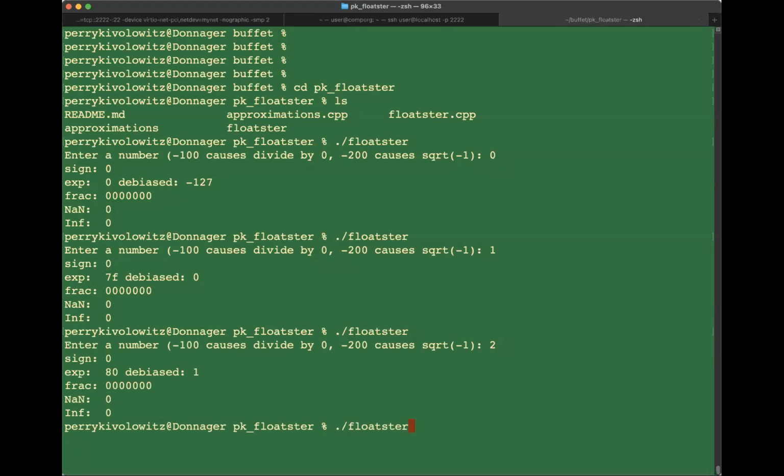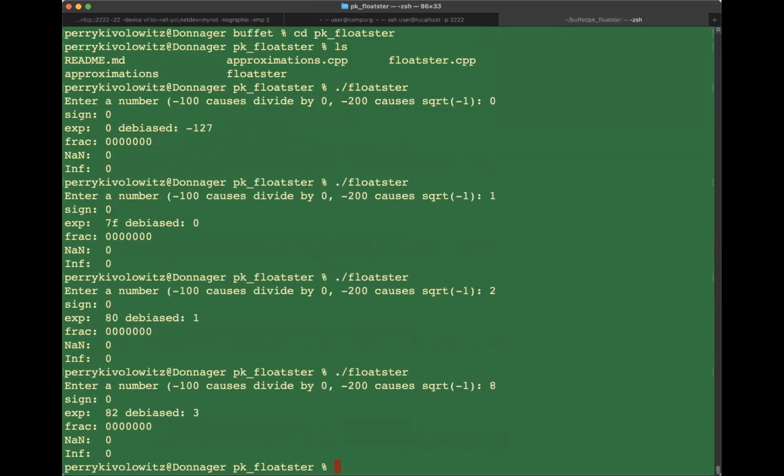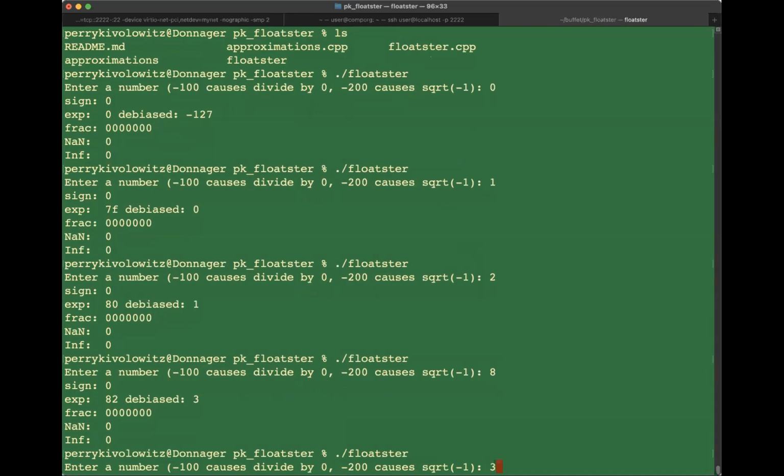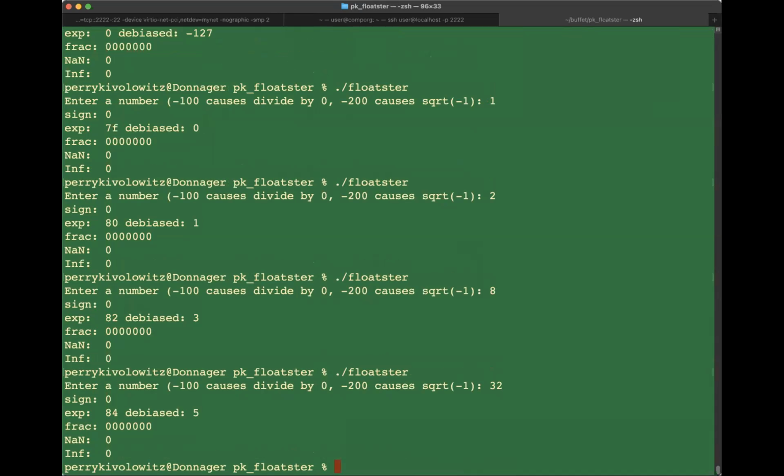Okay, now let's take a look at 8. Okay, so there's 1 times 2 to the 3rd, which is 8. Let's look at 32. I should have made it an argument. 32, well, that is 1 times 2 to the 5th.